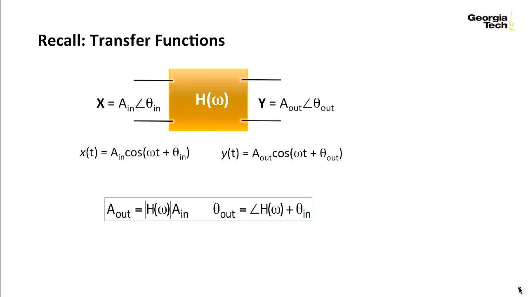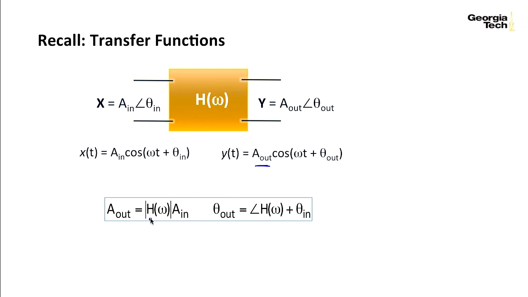Now let's recall what we know about transfer functions. This is a slide that we covered in the last module. We have an input in terms of a phasor into our circuit, which has this transfer function, and this is our phasor output. So in the time domain, it looks like this, a cosine in, a cosine out. Now this output amplitude is found from this function right here.